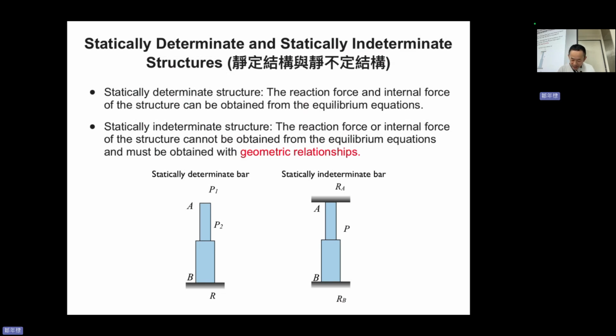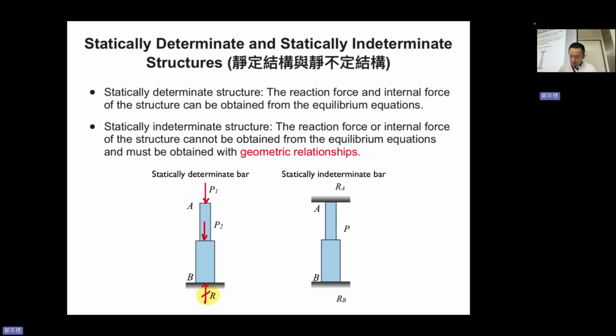There's a statically determinate bar, P1 and P2 and R. So you can determine the R. What is R? R equals P1 plus P2, right? So the unknown here is R. Typically, we know the force we apply. So P1 and P2 are known.